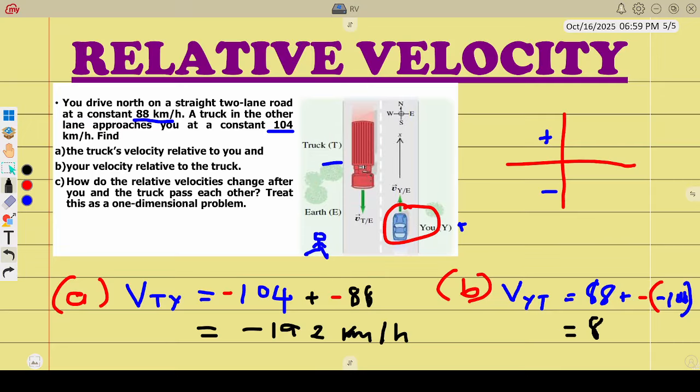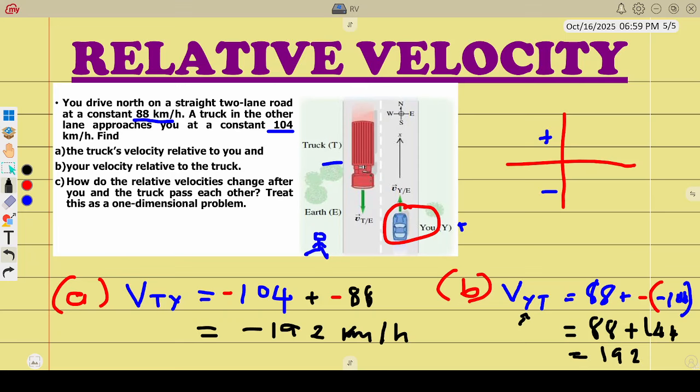If you still feel confused, you can always screenshot a certain part where you're not understanding. So negative and negative is positive, and we have 104. When you add, you get positive 192. So that is your relative velocity with respect to the train.